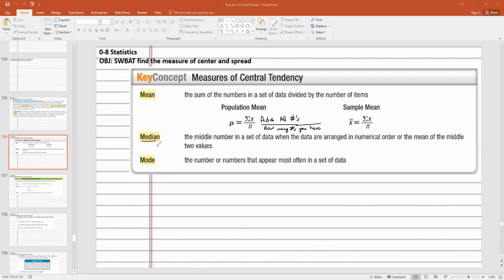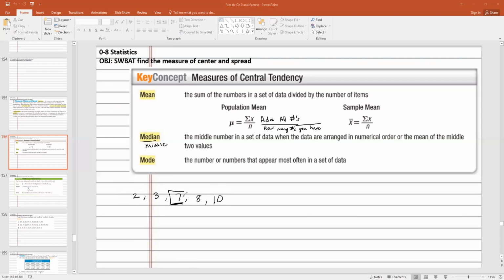The median is the middle number. If there are five numbers, like 2, 3, 7, 8, and 10, the median number would be 7.